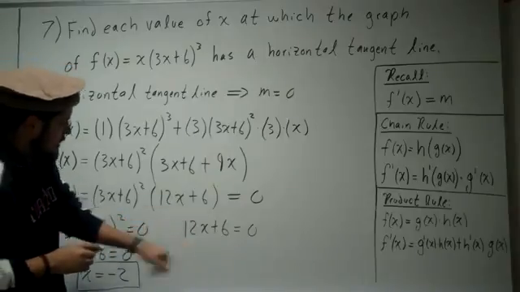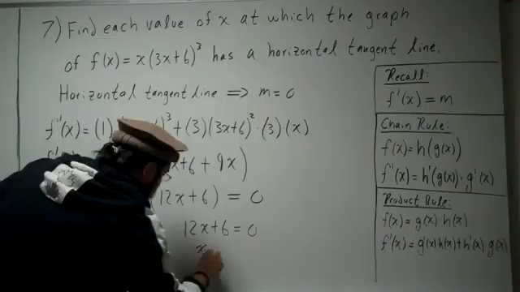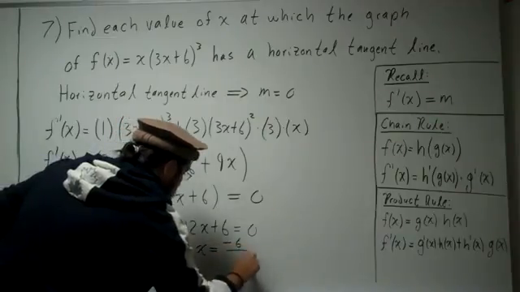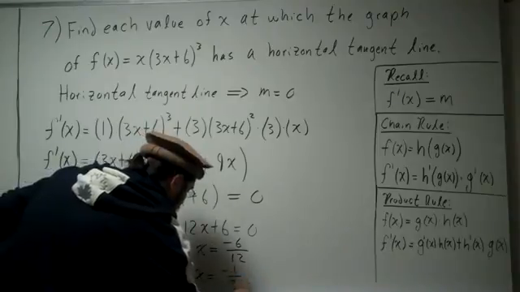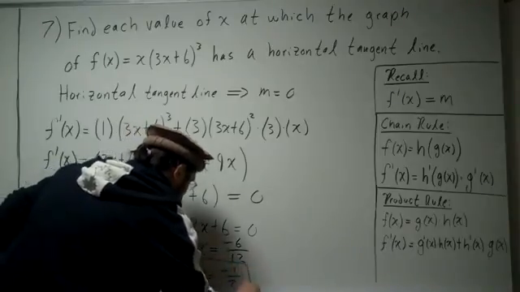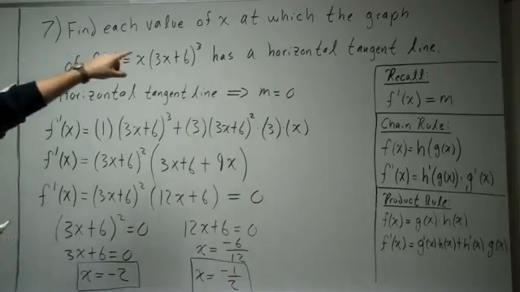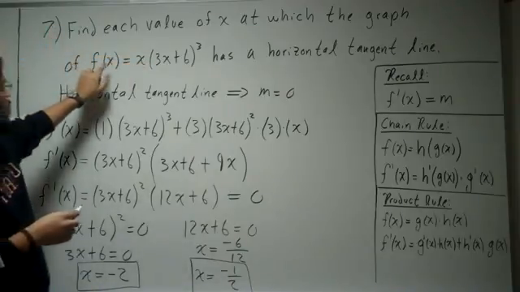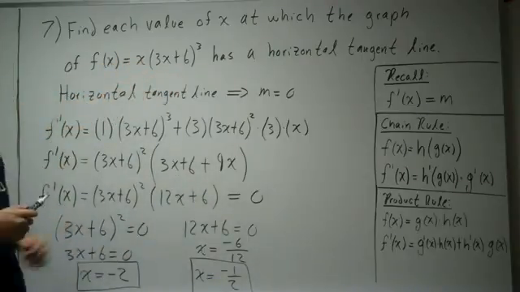Alright, this one, move the 6 over and divide by 12. So that's negative 6 divided by 12, and that's negative 1/2. And there you go. Those are the two x values. So if you plug in these x values, you're going to have a horizontal tangent line, m equals 0.